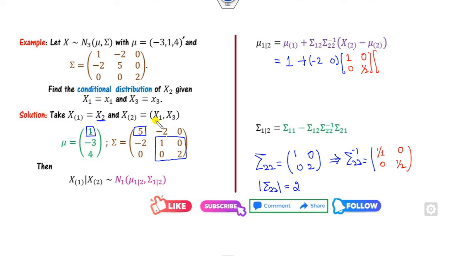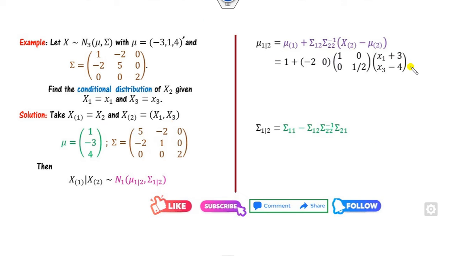What is x2? x2 is my x1, x3, x1, x3 minus mu. What is the mean of the second component? It is minus 3, 4. So this part will be x1 plus 3, x3 minus 4. Fine. Now you can multiply them. It will be minus 2, 0.